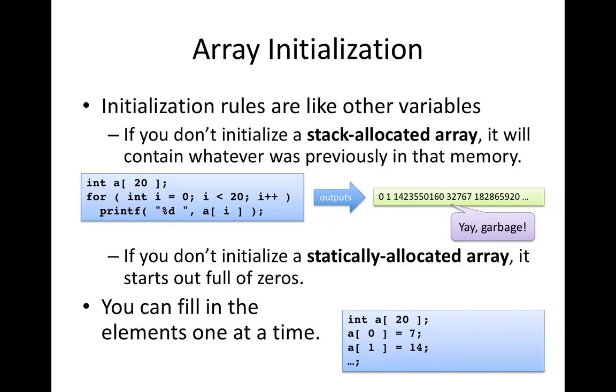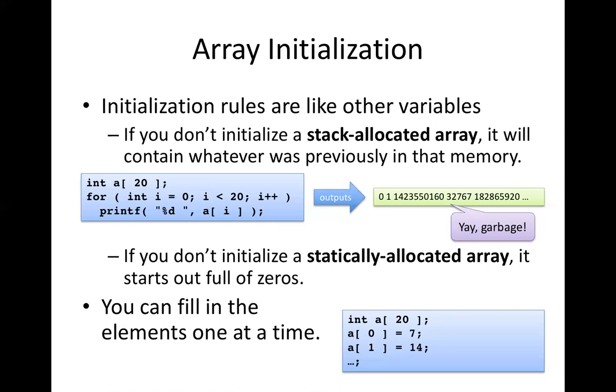I said this a slide or two ago. For arrays, if you don't initialize them, then their initialization behaves just like any other variable. So here, pretend I've got this little bit of code. Pretend this is inside a function. If I make this array A and I don't initialize it to anything, then I start looking at its values like I'm trying to do here. Then just like any stack variable, it's going to start out uninitialized. It'll start out containing whatever happened to be in the memory that that variable is using.